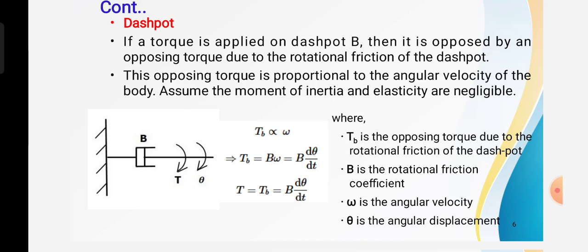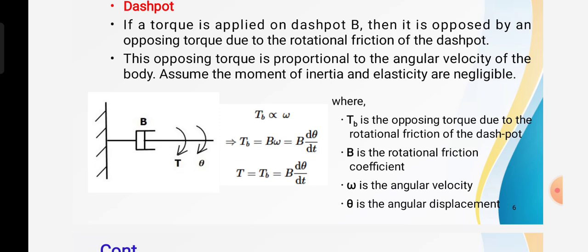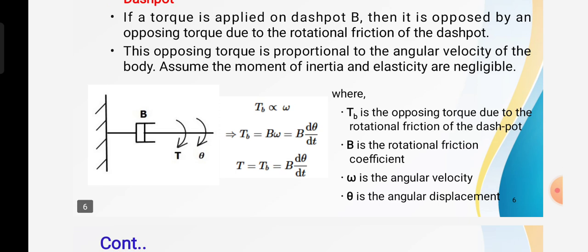The opposing torque is proportional to the angular velocity of the body, where T is the applied torque and Tb is the opposing torque due to friction. So the opposing torque Tb is proportional to the angular velocity of the body omega. So Tb is equal to B omega, which is equal to B d theta by dt.